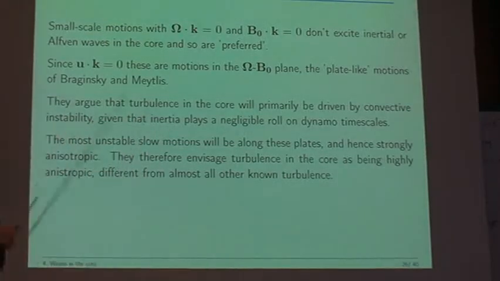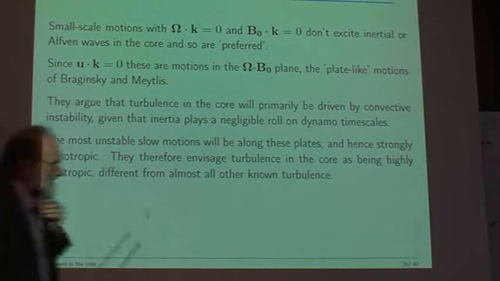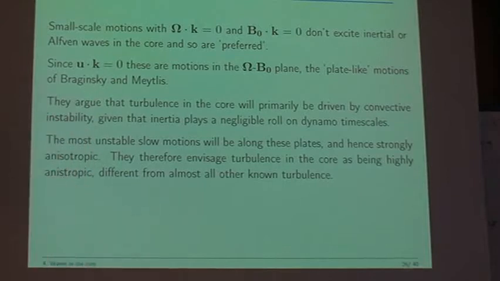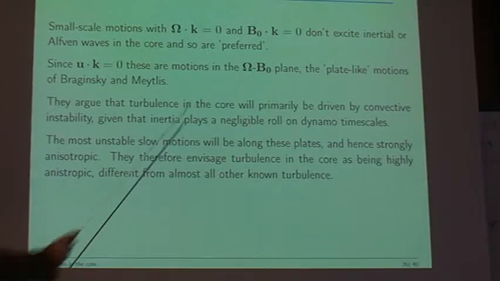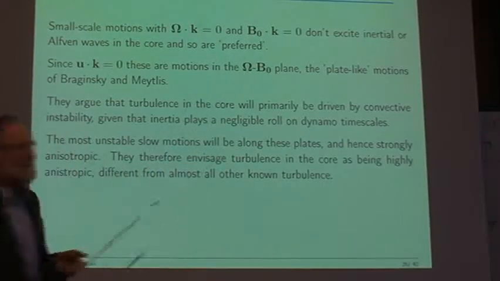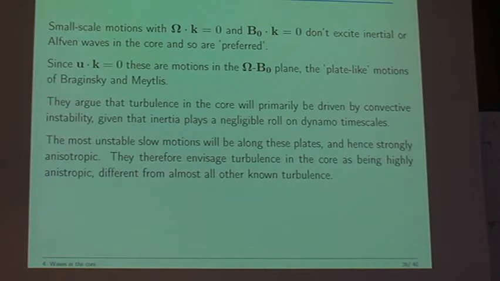And again, Braginsky and his student Meytlis in the 1990s did some work which proved to be quite influential and has shaped a lot of thinking in this subject. He pointed out that if you want slow motions in the core, they had better have omega dot k equal 0, and they had better have B naught dot k equal 0. So if you've got really slow motions, they've got to have wave numbers satisfying those relations.